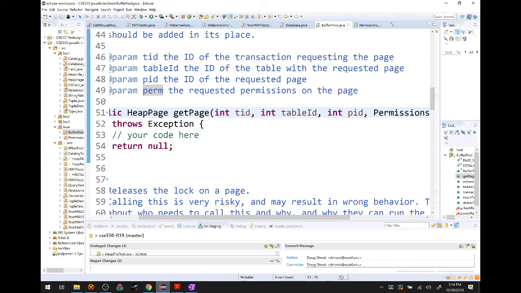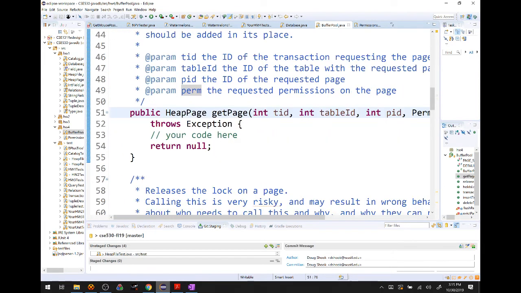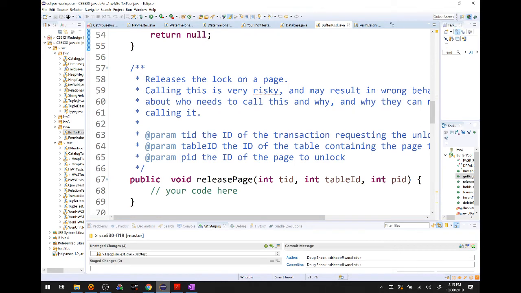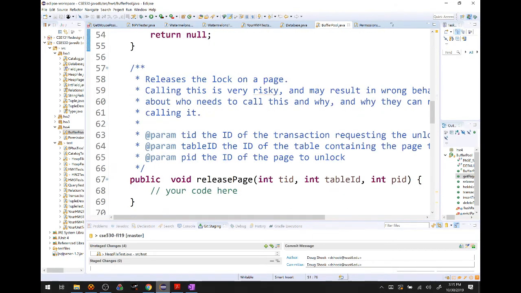So get page is now how transactions interact with the database to acquire pages. That's where the locking is going to come into play. Once a transaction is finished with the page, it's going to release it. Releasing a page will remove any locks that a transaction has on a particular page, right?